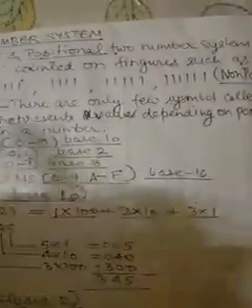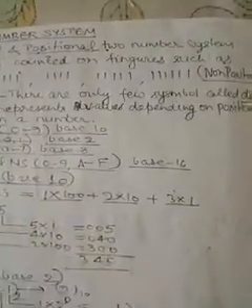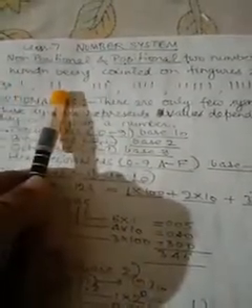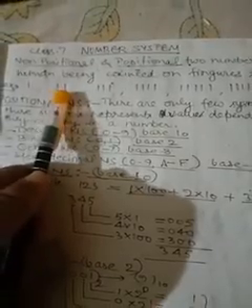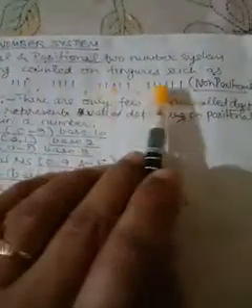In a non-positional number system, the symbols are always repeated. If I have a symbol 1, then for the second it will be 1 1, the symbol repeated a second time, then a third time, fourth time, fifth time, sixth time. This is called a non-positional number system.